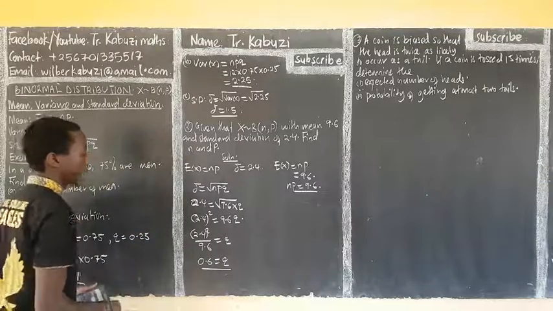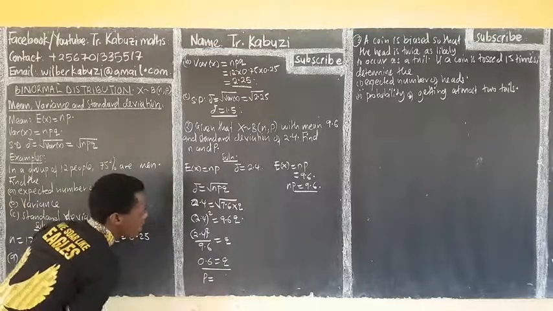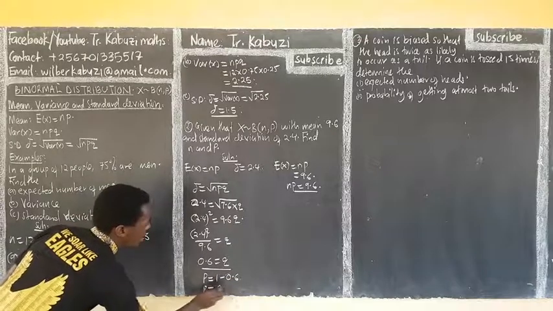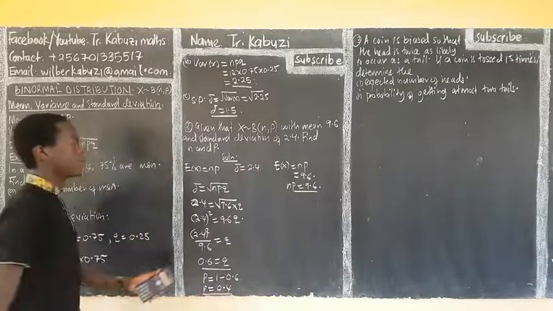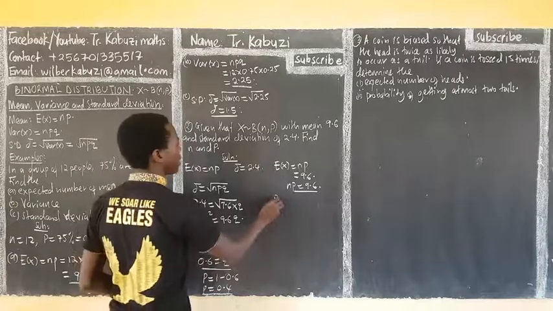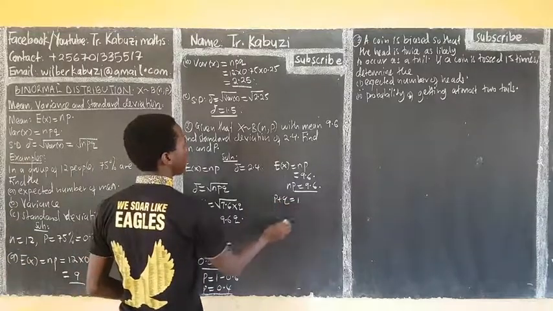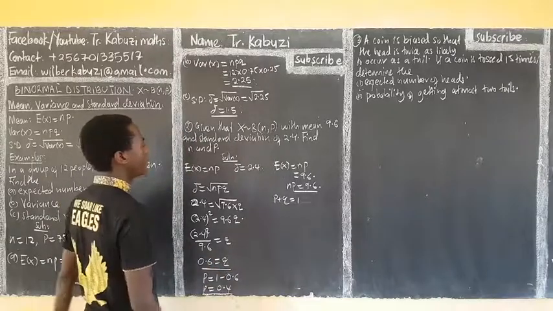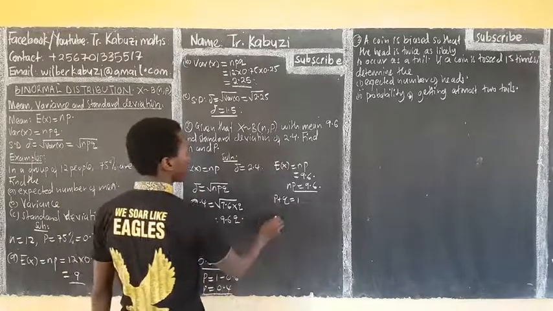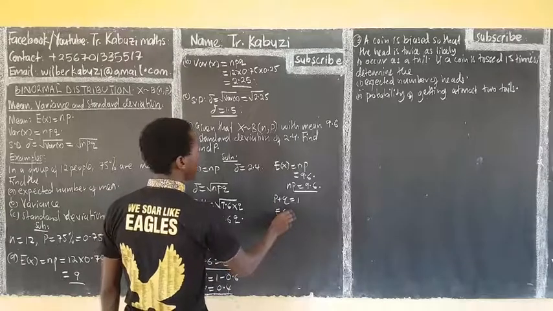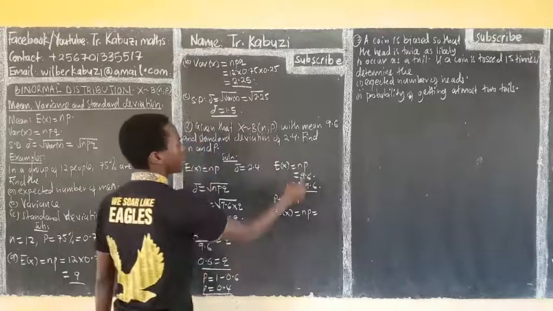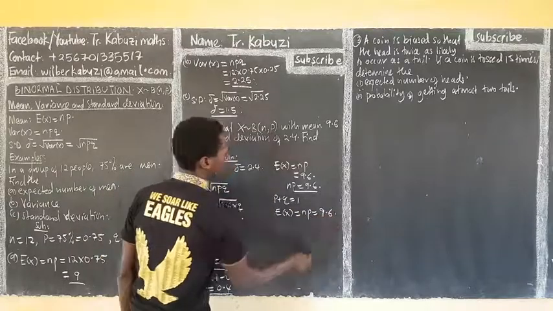If our q is that, then our p will be 1 minus 0.6, so our p will be 0.4. Of course, we are getting that from the fact that p plus q is 1. Then our n: we know that our expectation np was given in this question as 9.6.